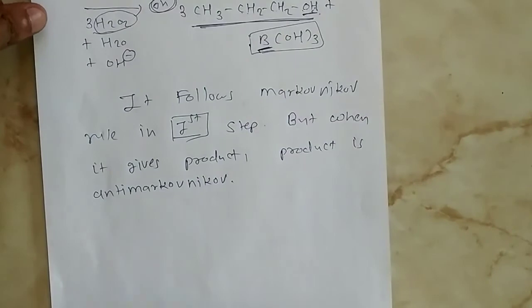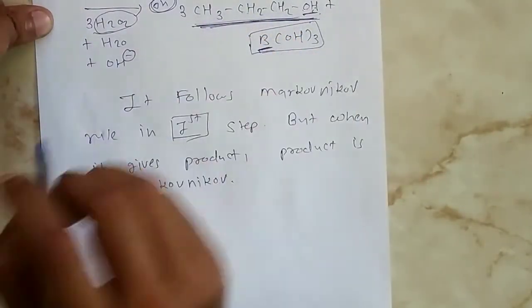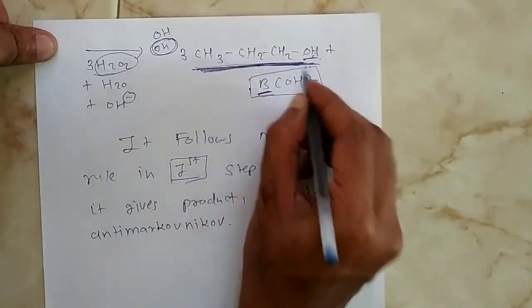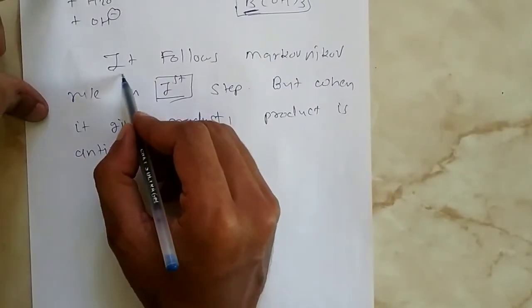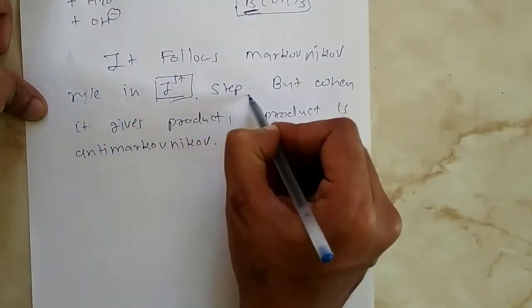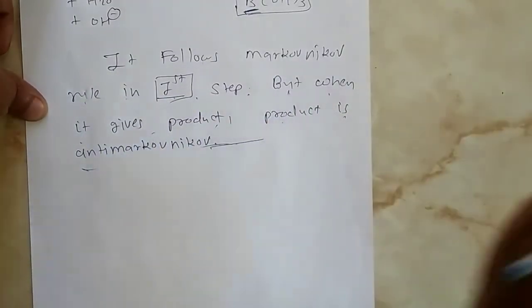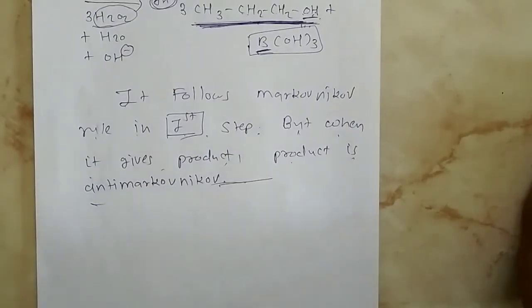But the product you will see is the anti-Markovnikov product. So I have written it follows Markovnikov rule in the first step, but when we get the product, the product is anti-Markovnikov. That you have to note here. If the reason is asked, then you have to explain the whole mechanism. Okay, so that's it for today. Thank you.